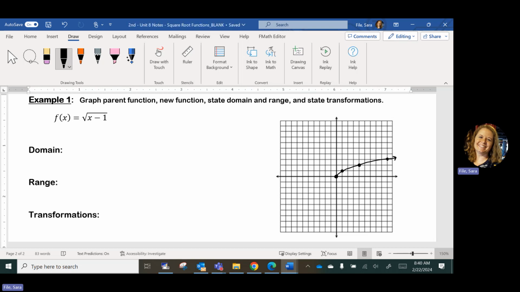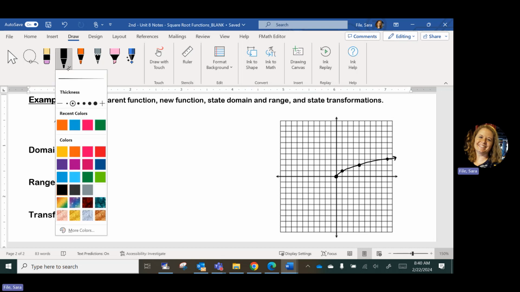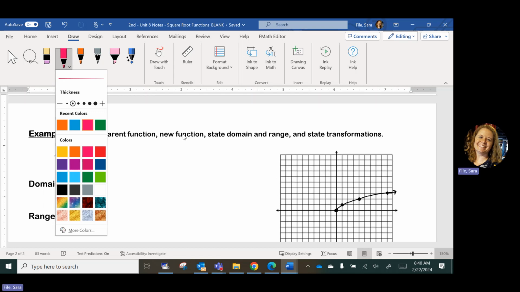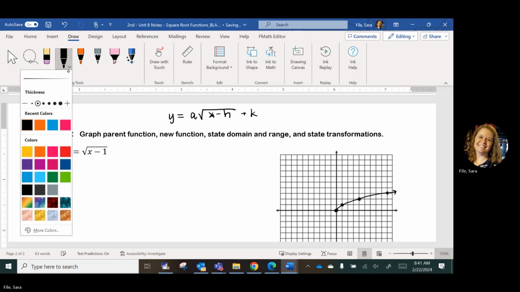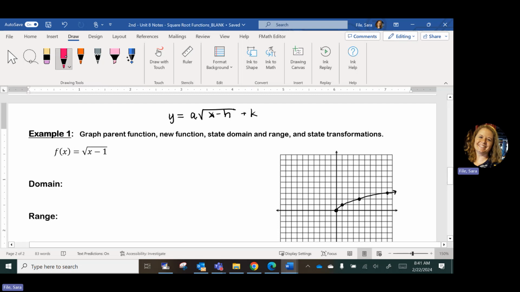And now looking at my equation, I think it's a good idea to identify A, H, and K. I'm going to put the equation back here at the top. Okay, so we can refer to that. So in example 1 here, what is A?